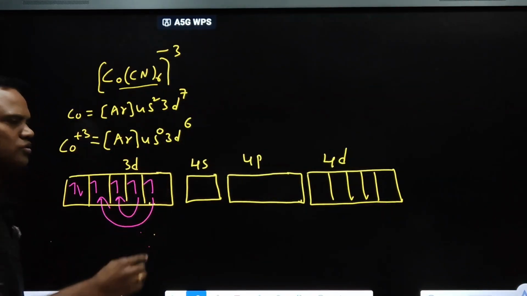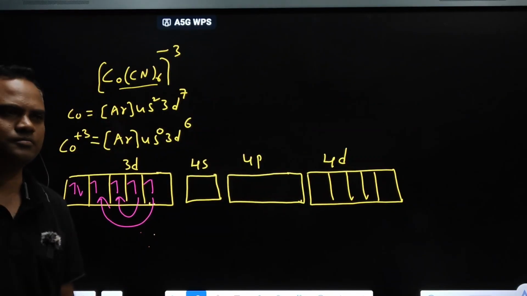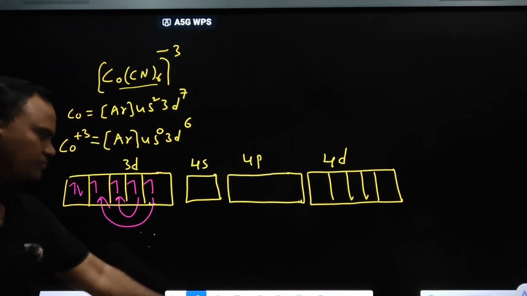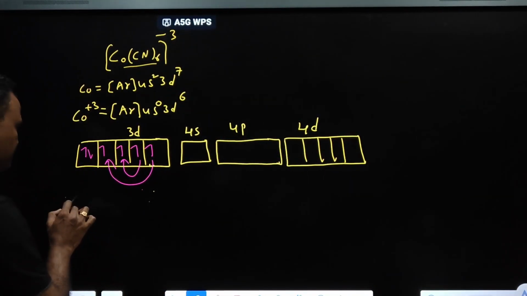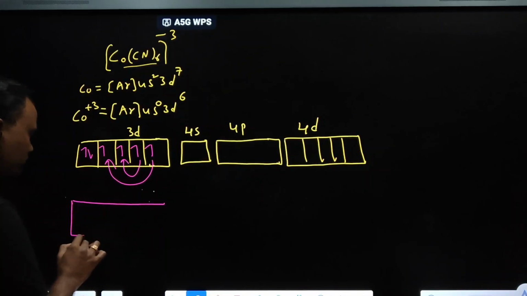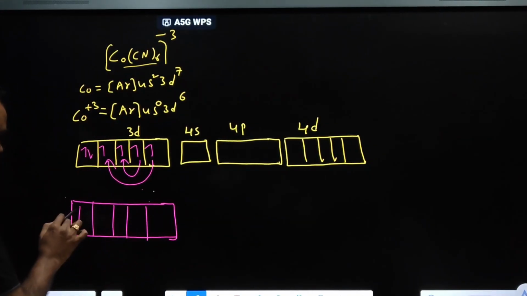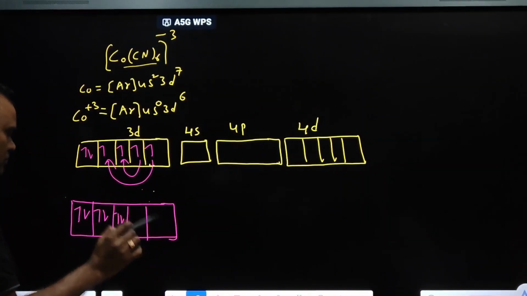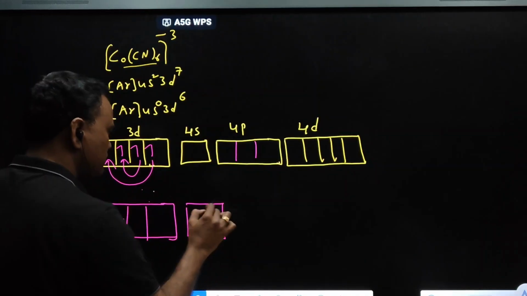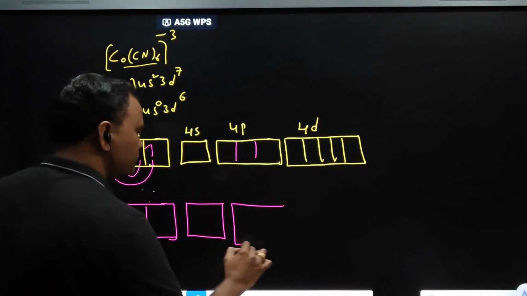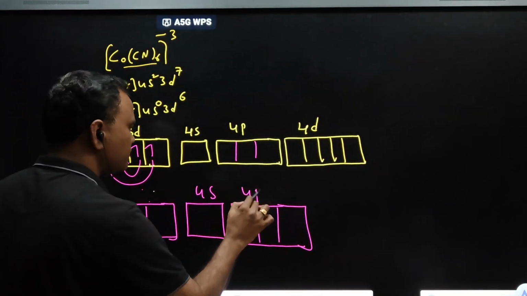Here you will get 2 new vacant orbitals. So after pairing, the answer is d2sp3.